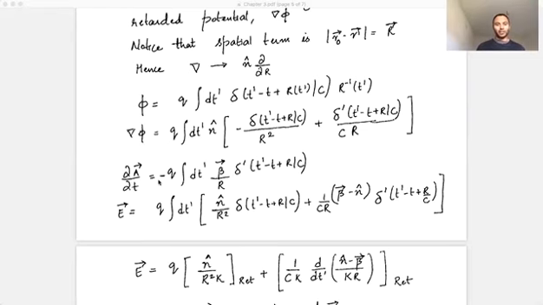If you take the time derivative, the only quantity that explicitly depends on time is the delta function, which is inside the integrand. And so the time derivative is just going to be delta prime, and then use the chain rule, and the time derivative of the argument is minus 1, so you get a minus sign outside because you have a minus t here. So that's basically the time derivative of A.